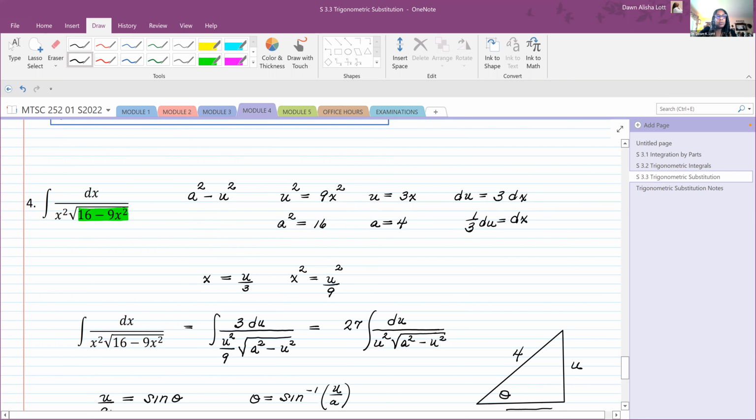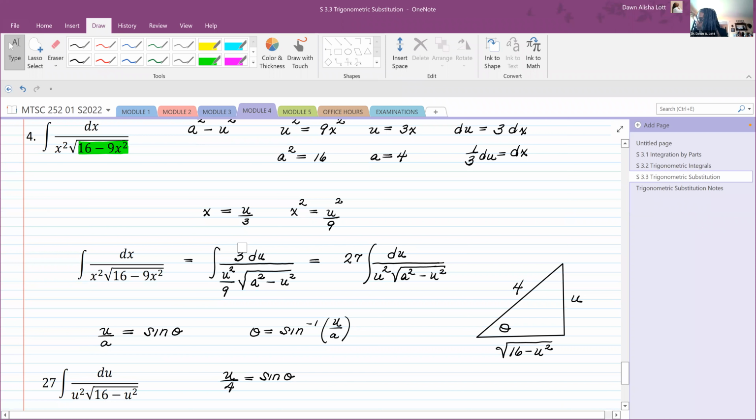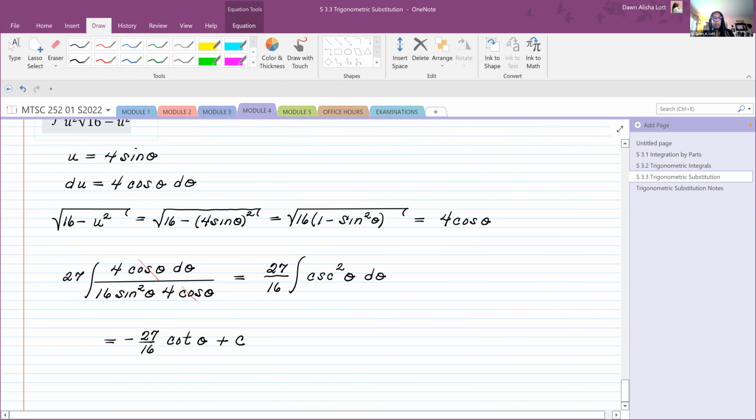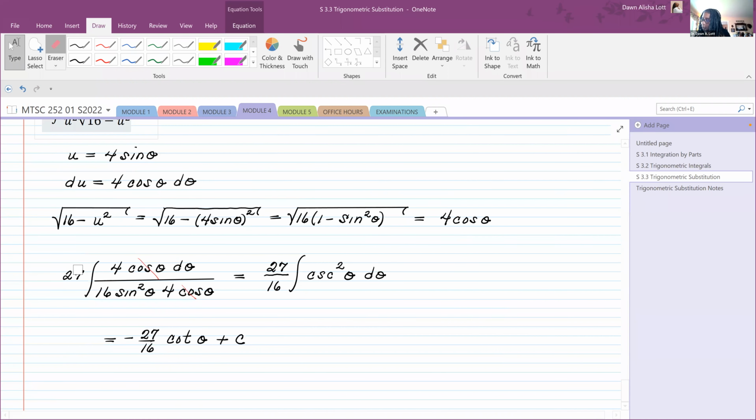Okay, that's what went wrong. This should be 1 over 3 du, and so therefore this should only be a 3 out here, not a 27. Okay, good. Let's change this to a 3, and then this should be a 3, and then it should be 3 over 16.